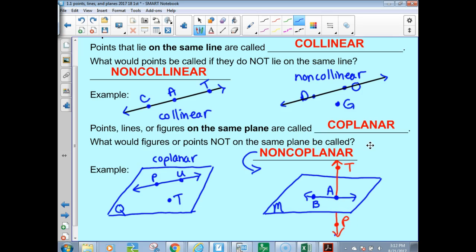Okay, line TP, I'm going to write it in red. Line TP is, I shouldn't say that. Okay, I don't want to make a wrong statement because I get real nitpicky about this.